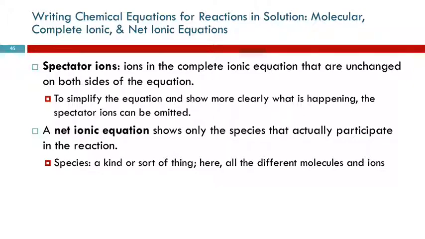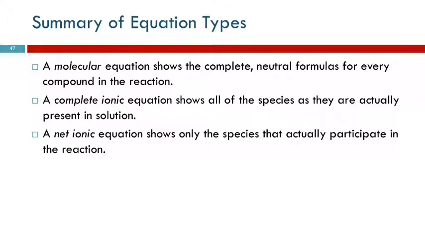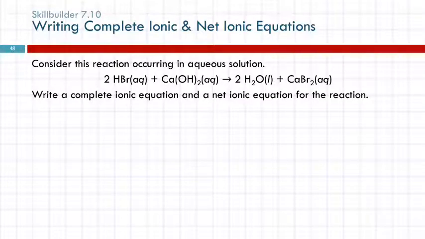That includes all of them. So, summary of the different types. The molecular equation shows all the neutral formulas for all the compounds. The complete ionic equation shows all the species as they actually are present in solution. The net ionic equation shows only the species that actually participate. So let's write some.